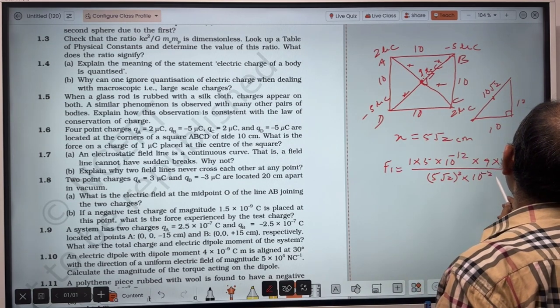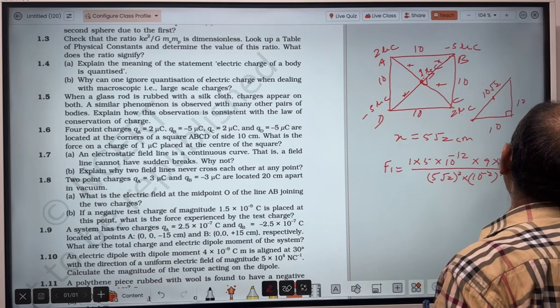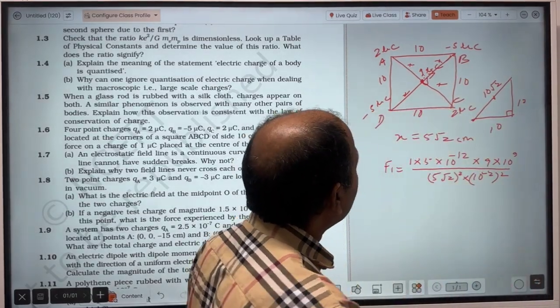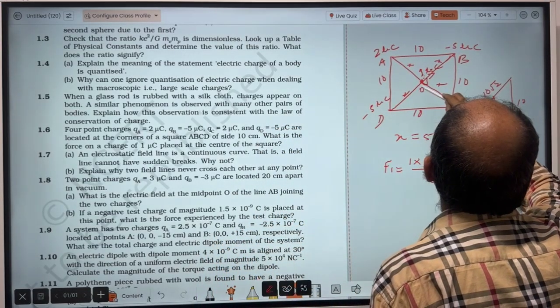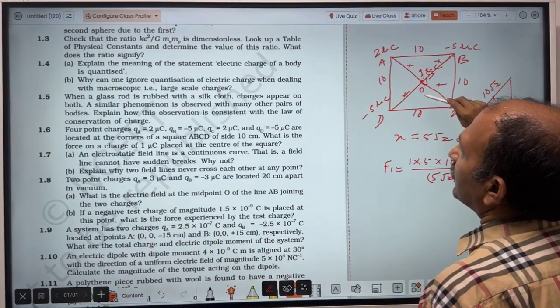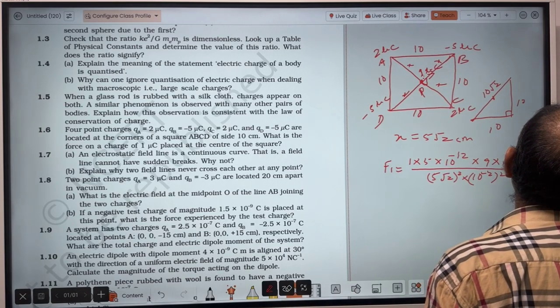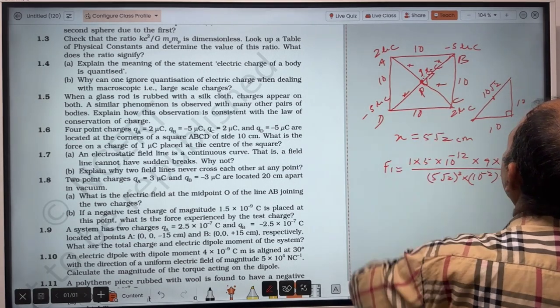So you have F1 whose direction is along, if you take this point P, along PB.